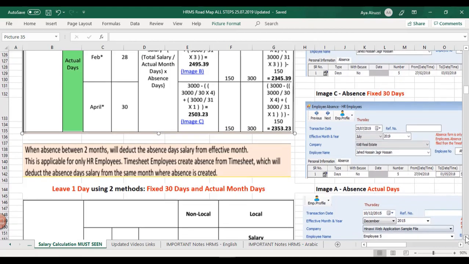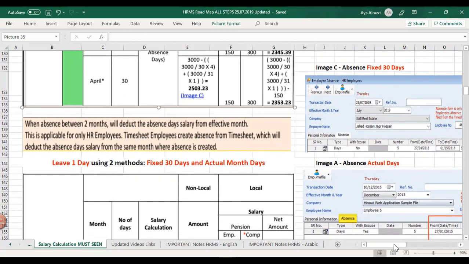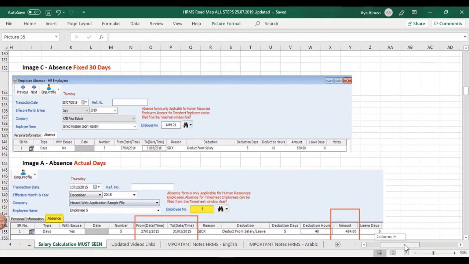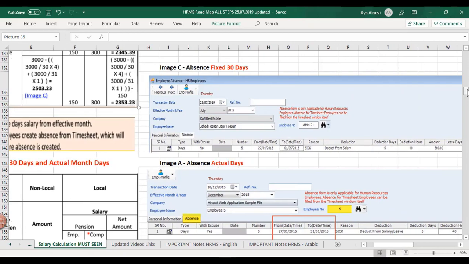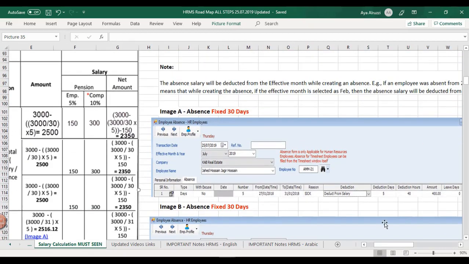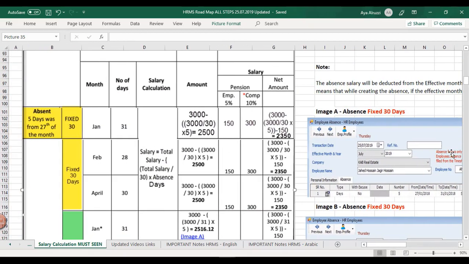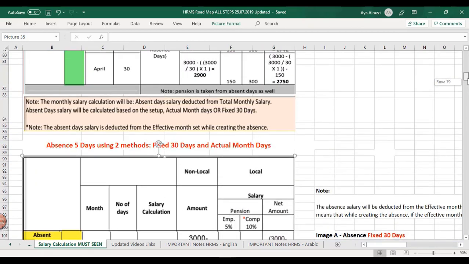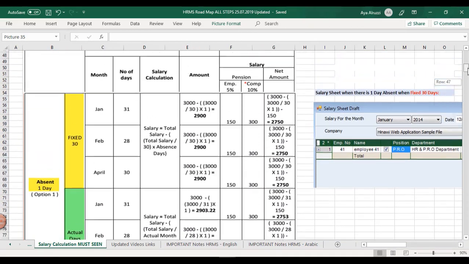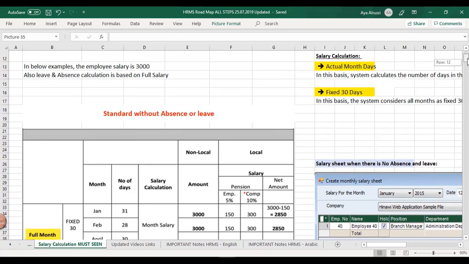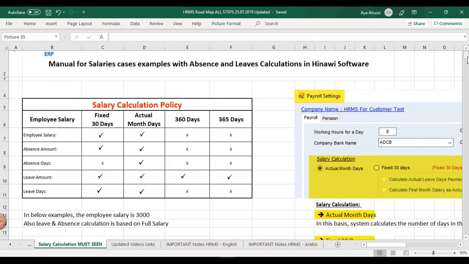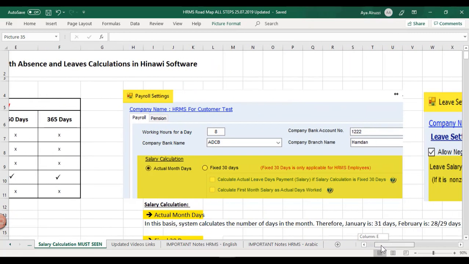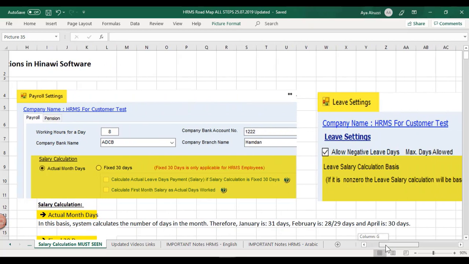So that's another example. That's all regarding the absence, whether we're talking about a screenshot right here or the actual table which we have seen here, whether we're talking about 5 days of absence or 1 day of absence or no absence at all, after we have covered exactly the salary calculation from the table we have seen here, and which is also applied this way from Hinawi software.